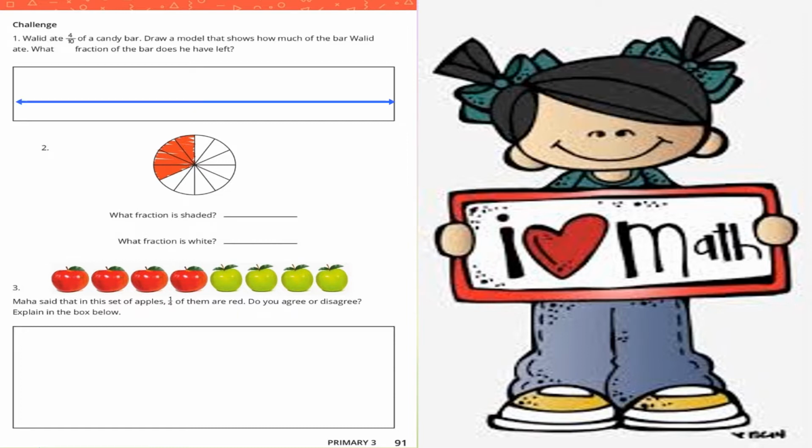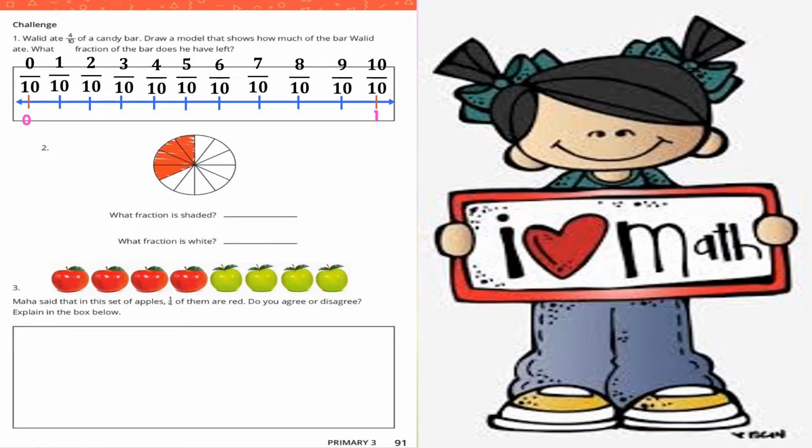So I draw a number line with the starting point 0 and the ending point 1. And I will make 9 dashes inside this number line. I want to label each dash by its fraction with denominator 10. So 0 will be 0/10, 1/10, 2/10, and so on till the whole is 10/10.